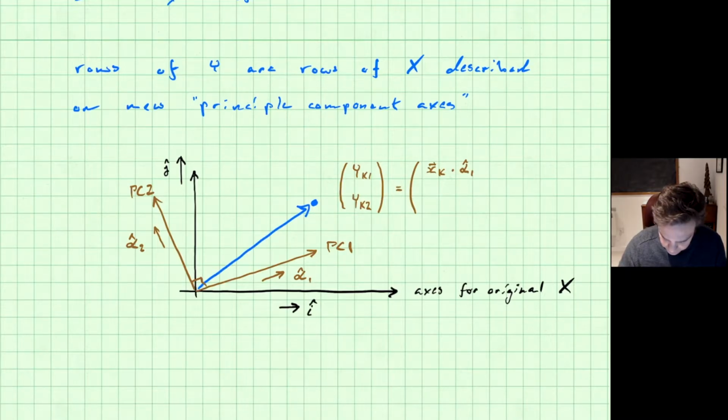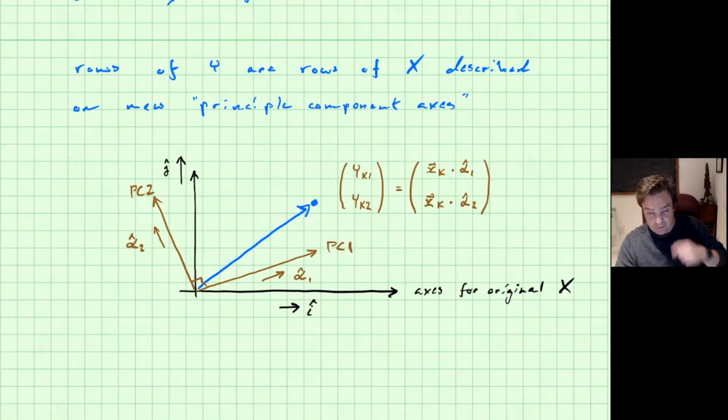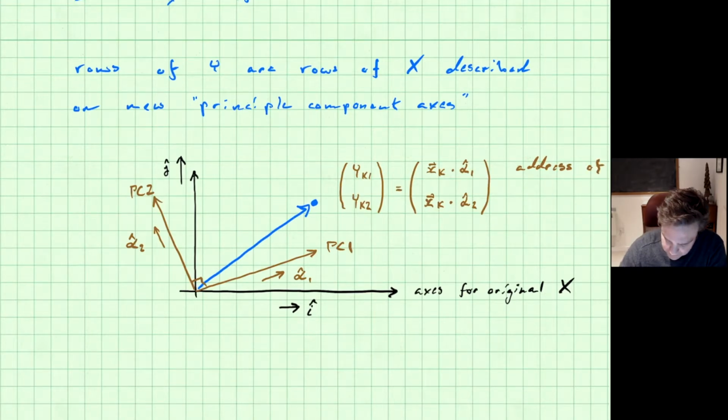And Y sub k2 is the vector x k dotted with alpha hat 2. So it's the projection onto principal component 1 and the projection onto principal component 2. You could call this the address of observation k in principal component space, or on principal component axes.